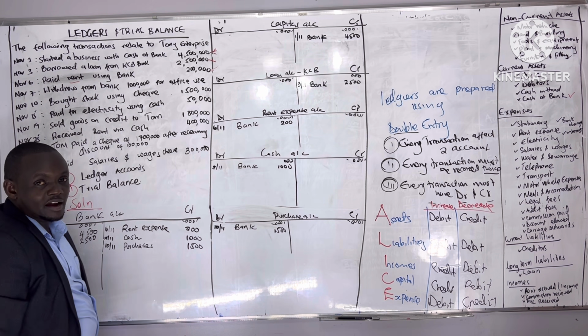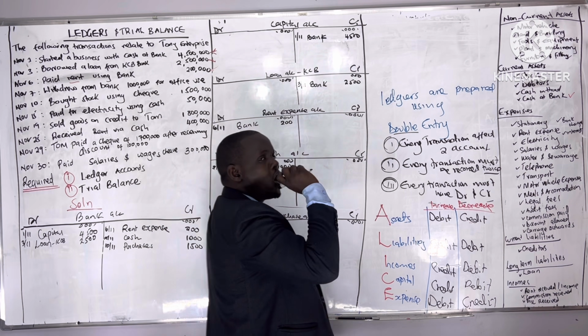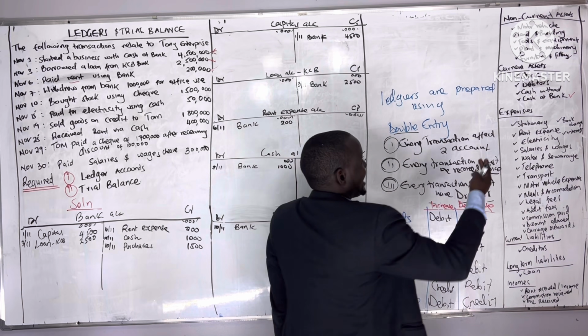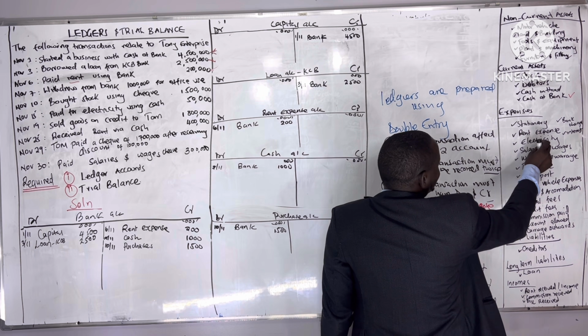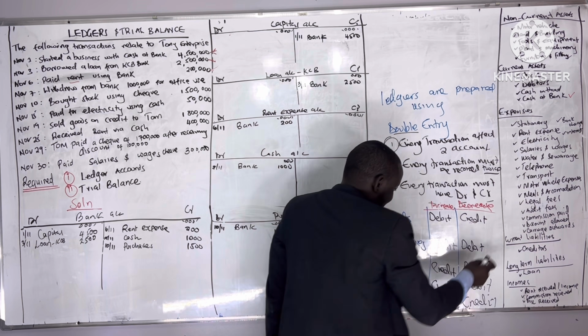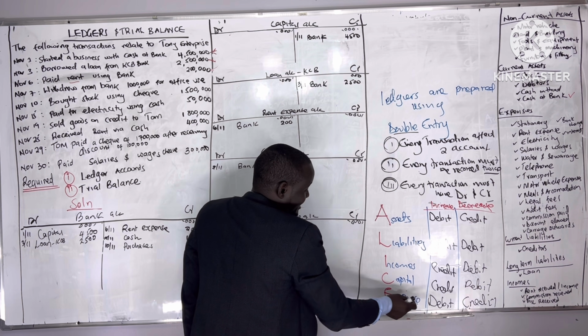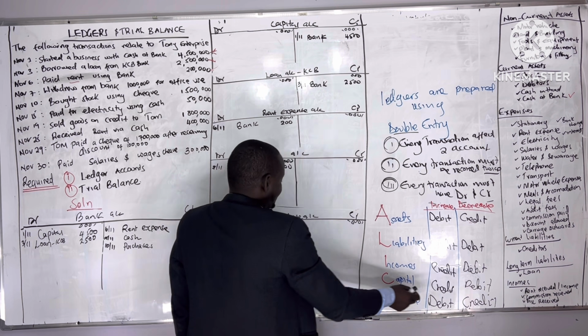50,000. Electricity or all utility bills are expenses. So when you pay for electricity, it means you are paying for a bill and you are increasing expenses, which is a debit.